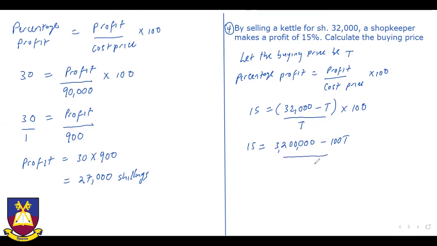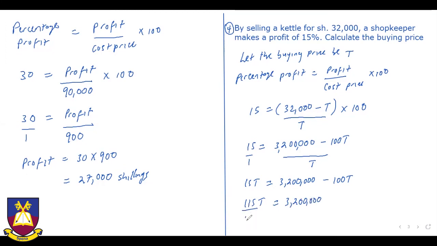Out of t. So we have to put this over 1 and then we cross multiply. That's 15t is equal to 3,200,000 minus 100t. We need to bring this side. Here it's negative, so it crosses the equal sign and becomes positive. So that's 15 plus 100 is 115t, which is equal to 3,200,000.